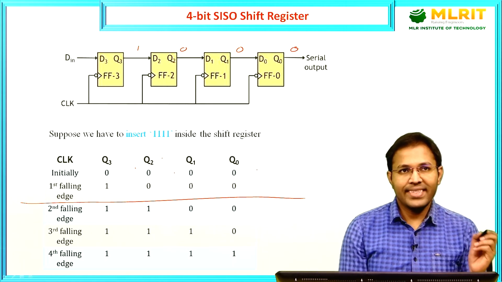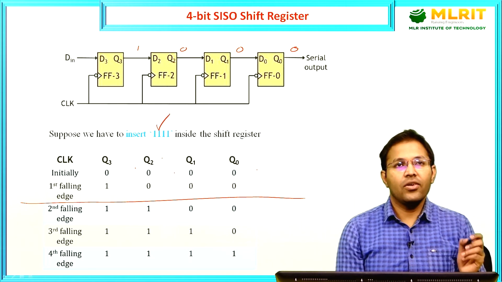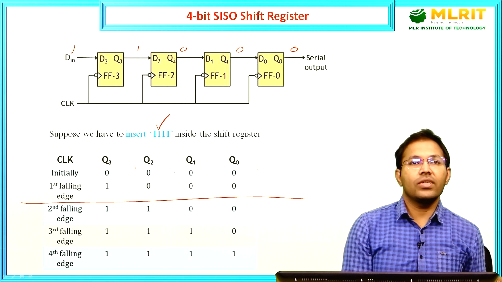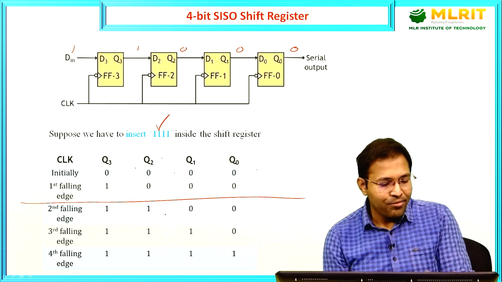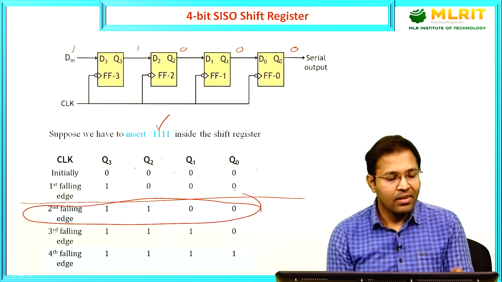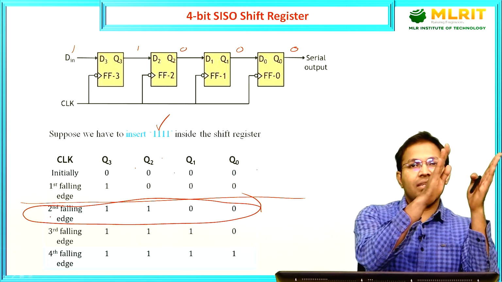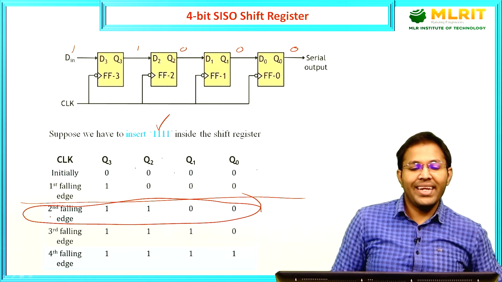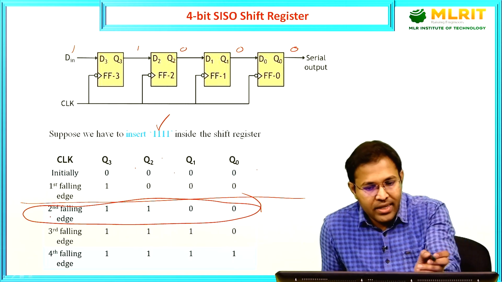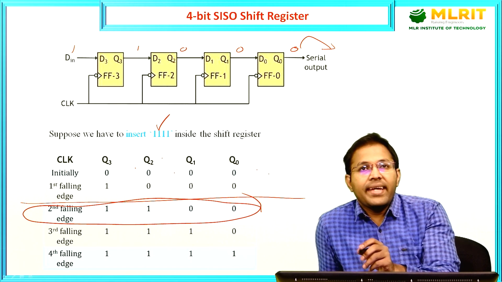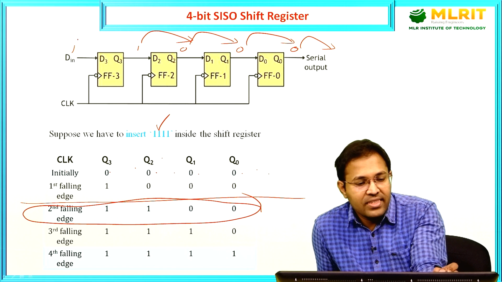Now let us say you give one more 1. Okay, you give one more 1. Now what is the situation? Now again for the second falling edge, every bit will shift 1 step towards right simultaneously. What does it mean? This 0 is taken out, this 0 shifts here, this 0 shifts here, this 1 shifts here.